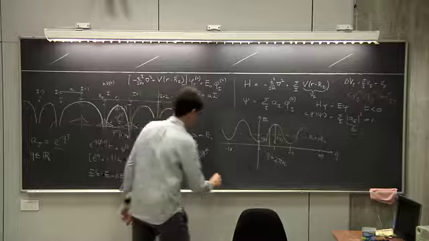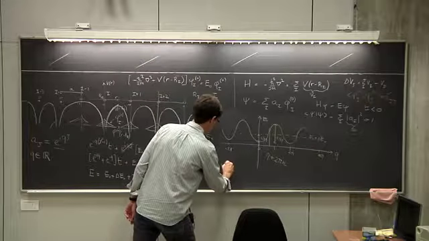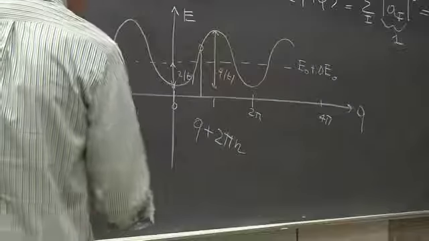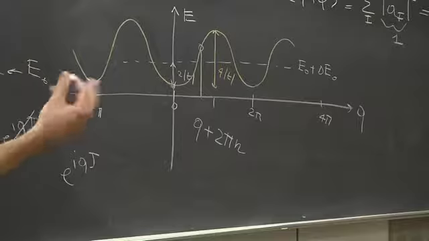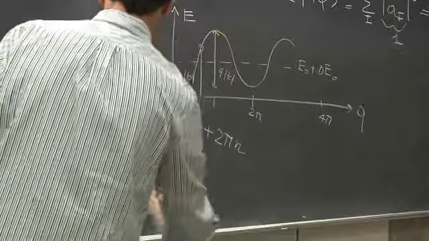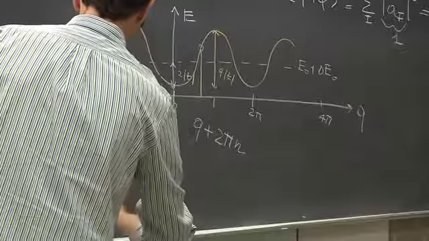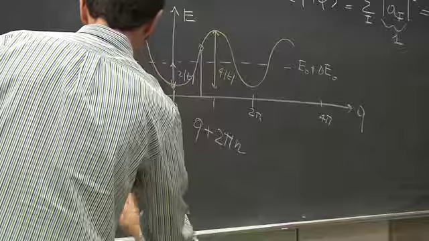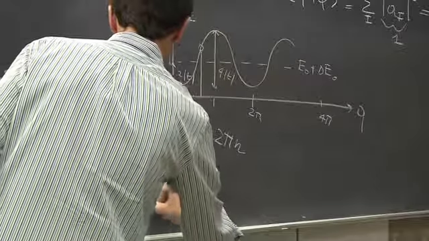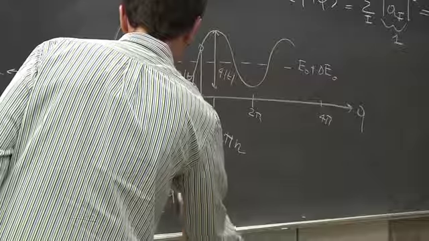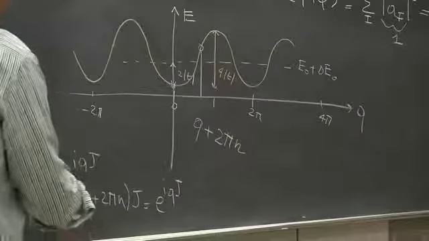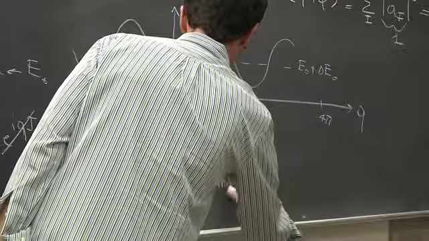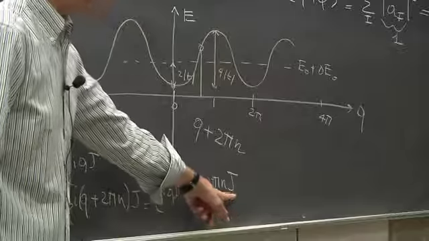Let me write it. So if e to the I q j is the solution for a given q, let me add to q 2 pi n. So take another. So e to the I q plus 2 pi n j is equal to e to the I q j times e to the I 2 pi n capital J, but n capital J is also an integer.